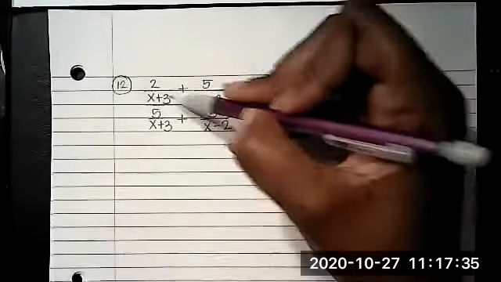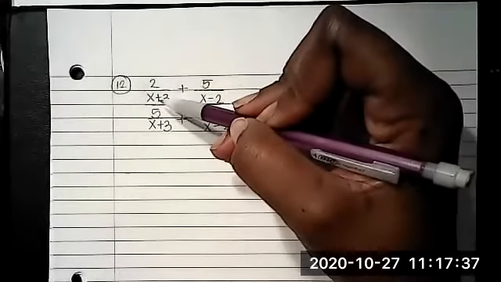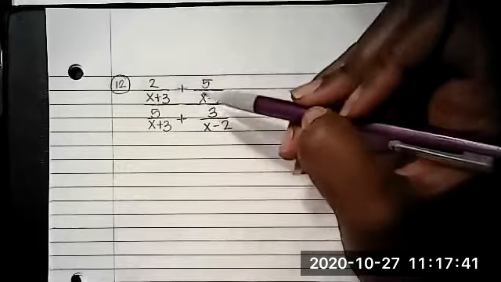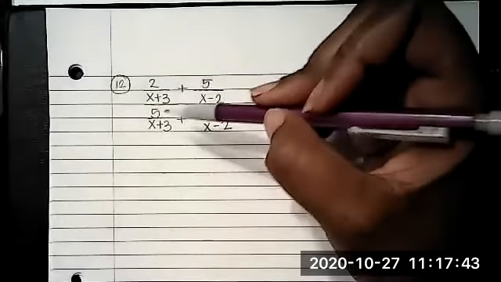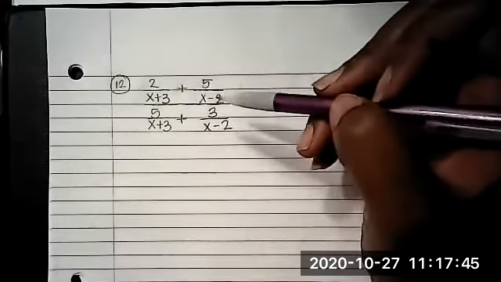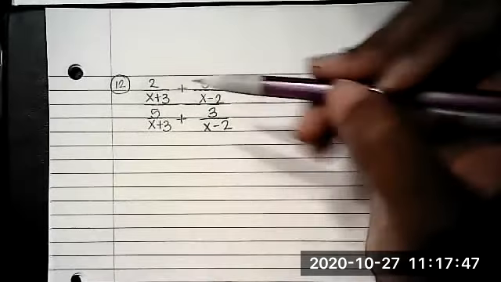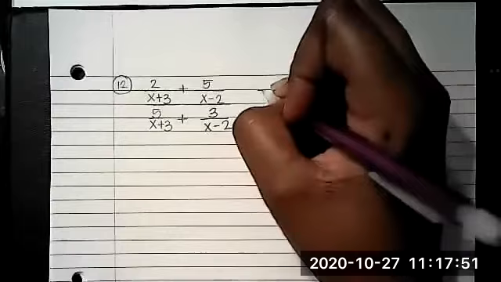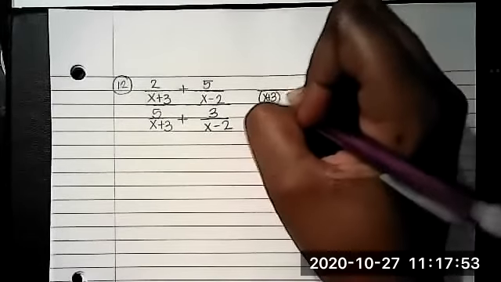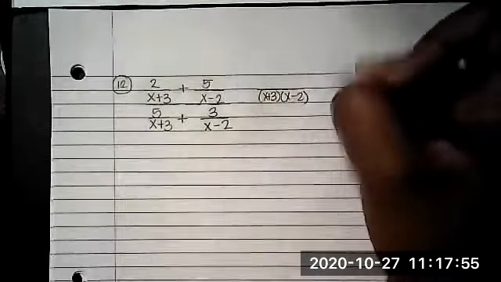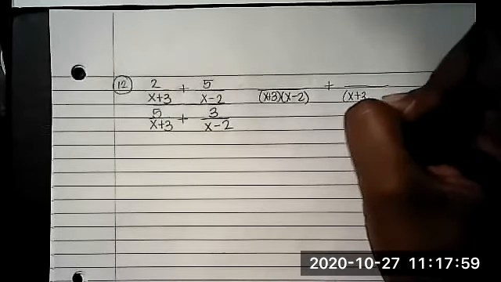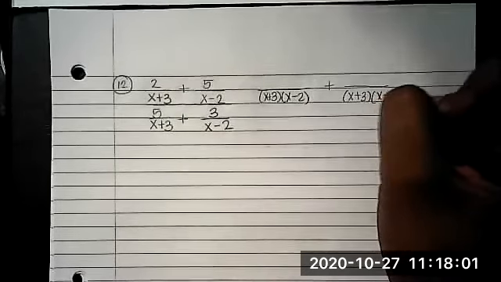When you have x plus 3, x minus 2, the common denominator is just going to be them put together. Same thing if you had x minus 5, x plus 7, then it would be x minus 5, x plus 7. So the common denominator on the top is going to be x plus 3 and x minus 2.